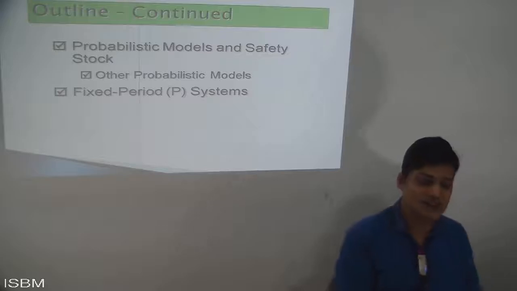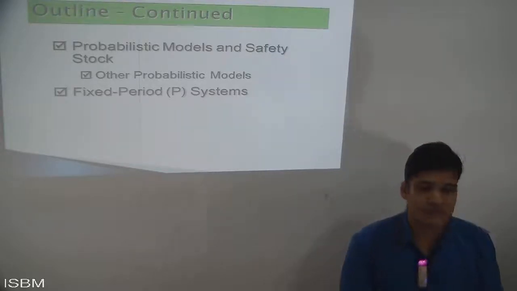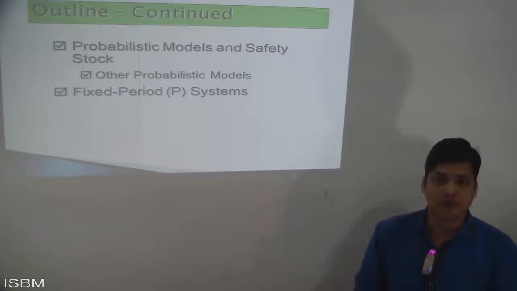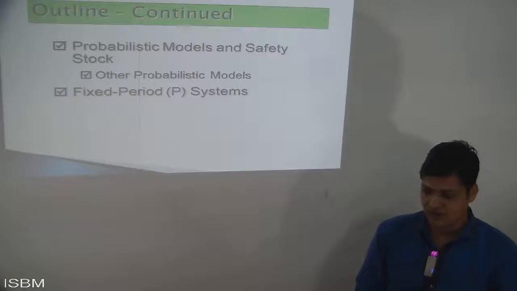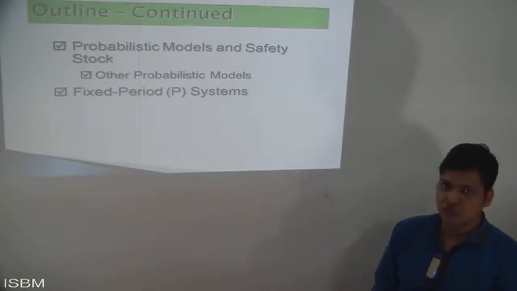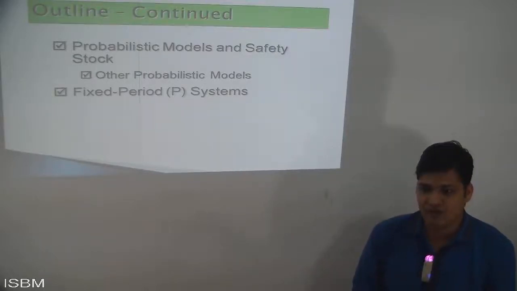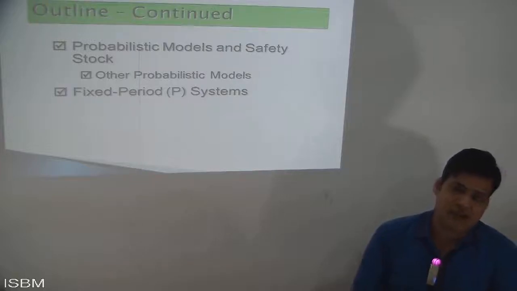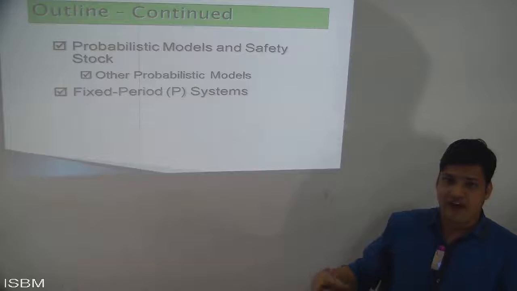Actually, when you create an inventory, there is some safety measurement we have to take care of. You have to put in some instruments with the help of which we can handle unexpected things that might happen, just like if a fire has taken place.